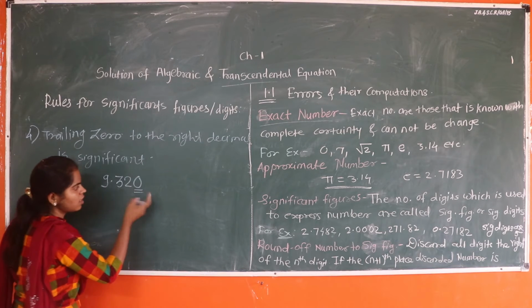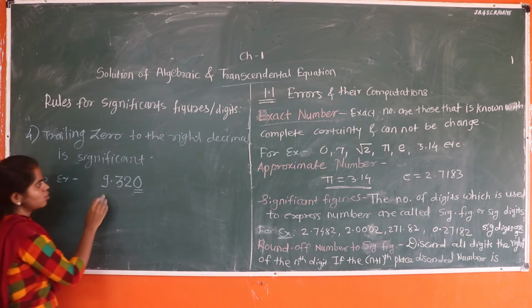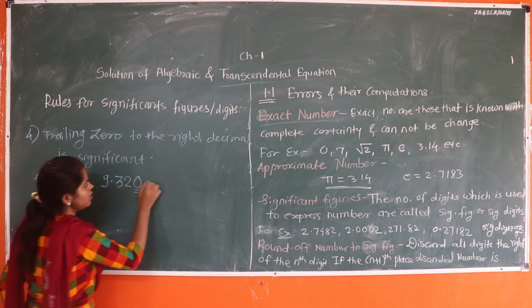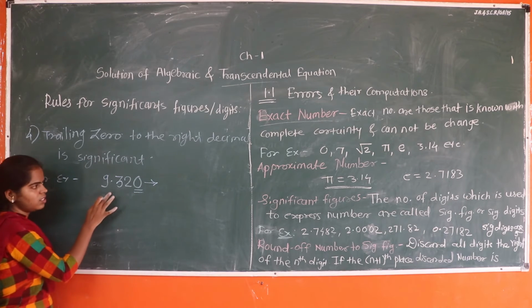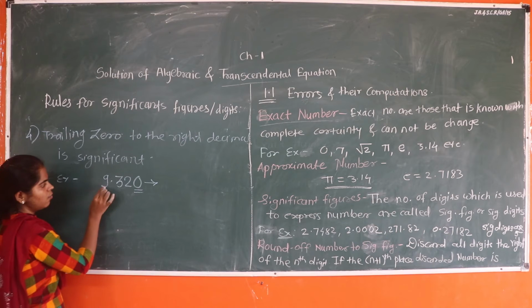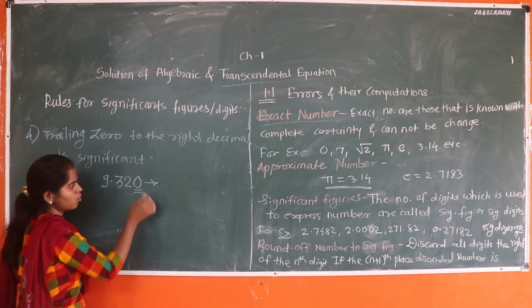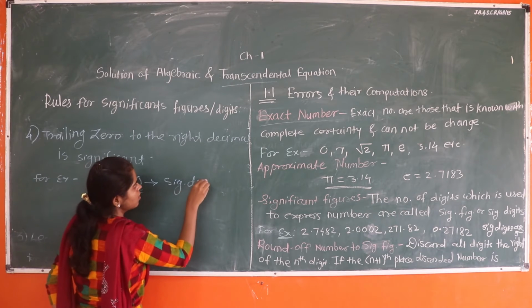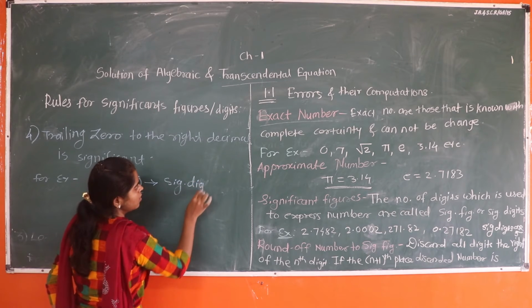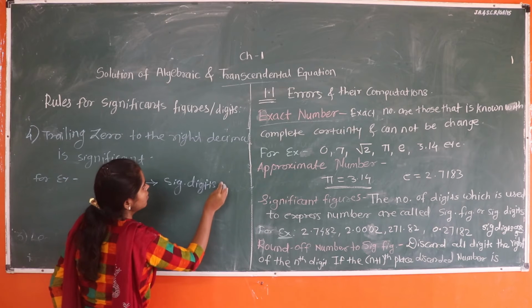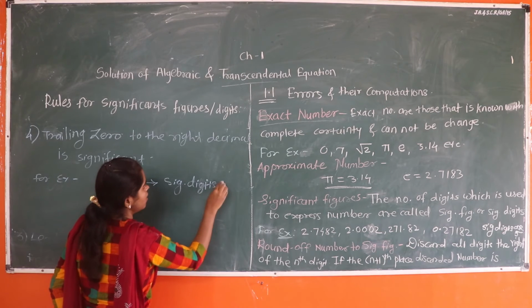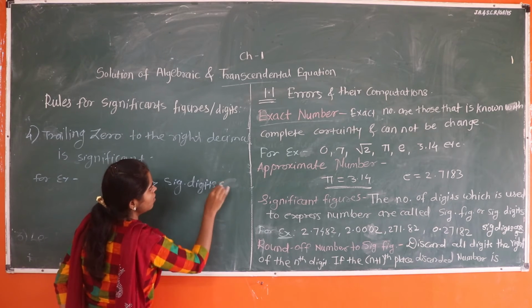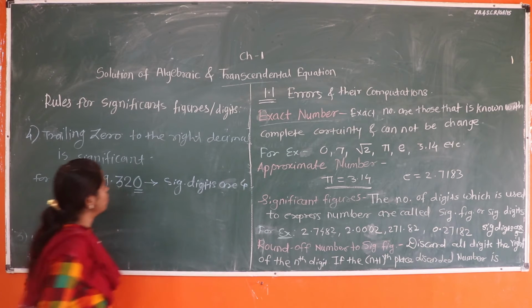For example, a number like 9.320. So this trailing 0 to the right of the decimal is significant. It means this 0 is counted as significant. So the significant figures for this number are how many? 1, 2, 3, 4. Significant digits are 4.